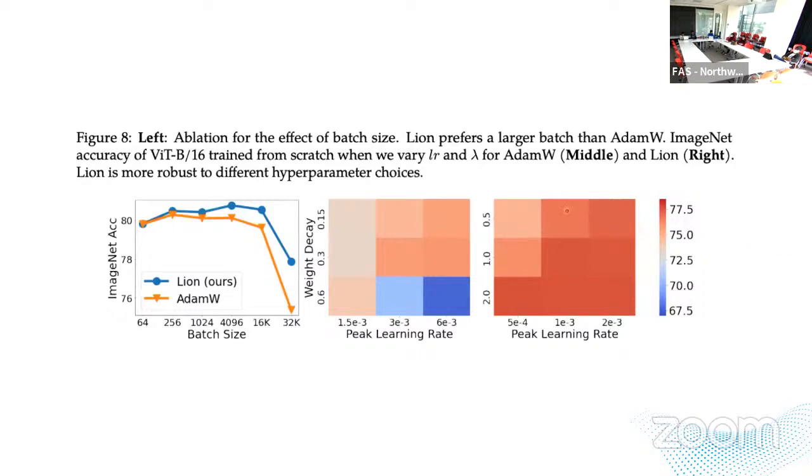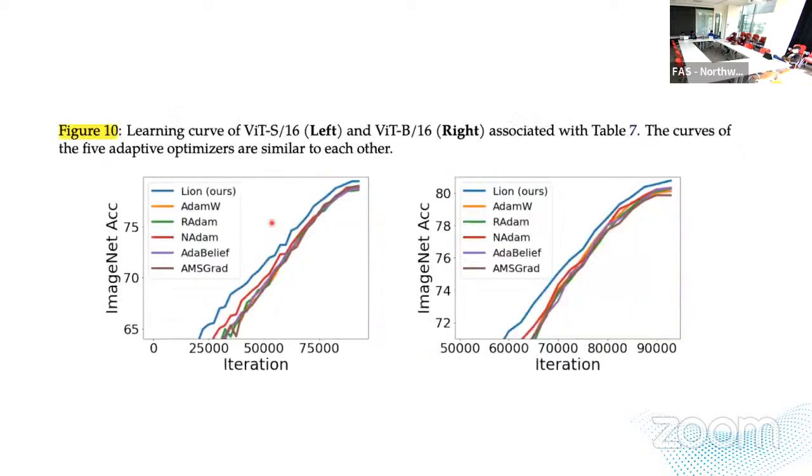There are a couple of things we need to discuss that this Lion optimizer needs. If we consider small batch sizes, the improvement is not very evident. So what they say is this algorithm prefers larger batch sizes.